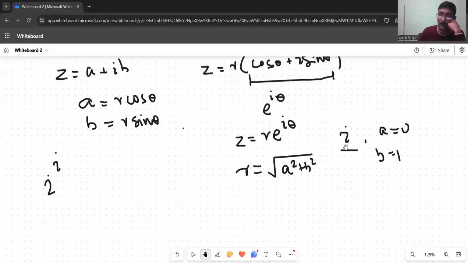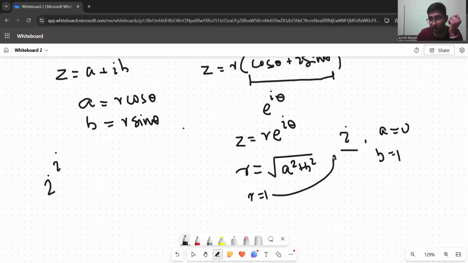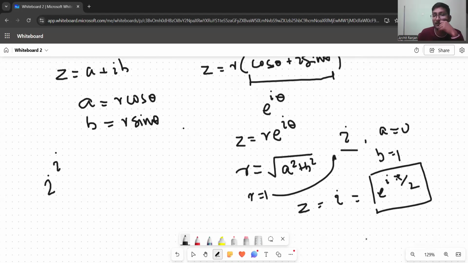So we can represent i, now since i has 0 and 1, r will become 1 for this, right? So i becomes e to the power i pi by 2. Quite simple, right? And pi by 2 does lie between minus pi and pi. So this is the representation for iota.